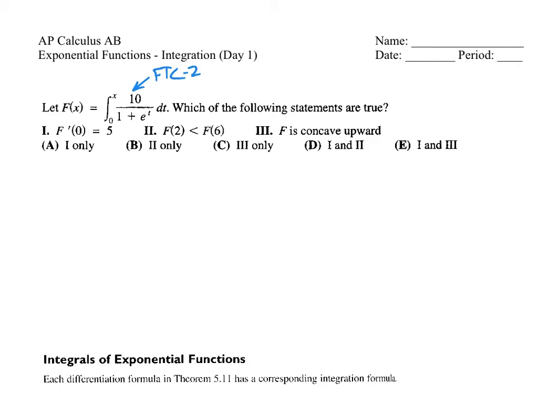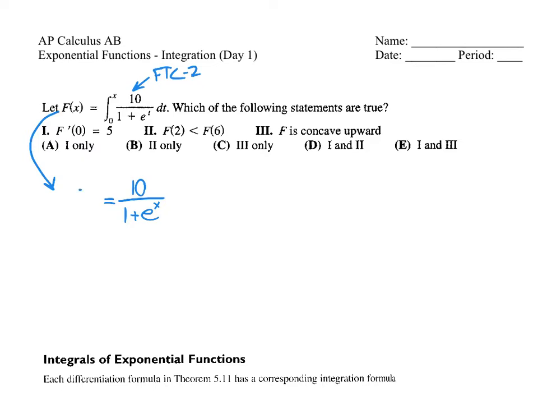You'll see the choices here. What did we do with an integral like that in our second fundamental theorem of calculus? We put the x in for t. What does that equal? How are we able to just do that? f prime of x?